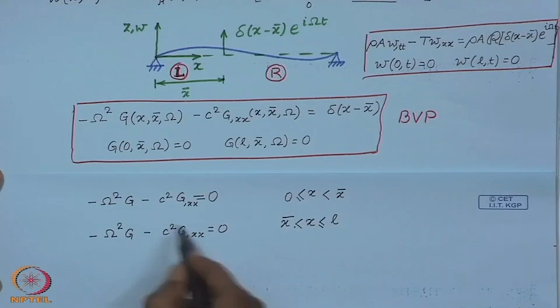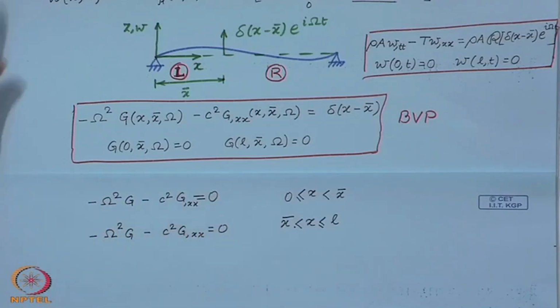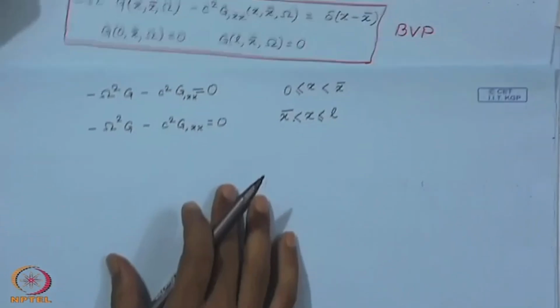Now, we can easily write the general solution for the Green's function in these two regions.